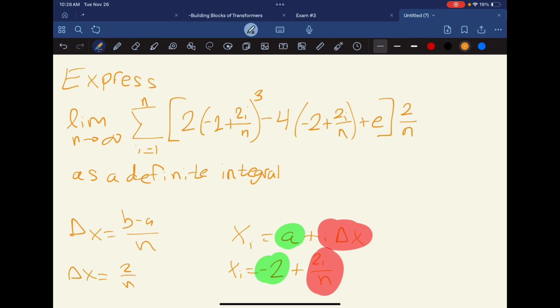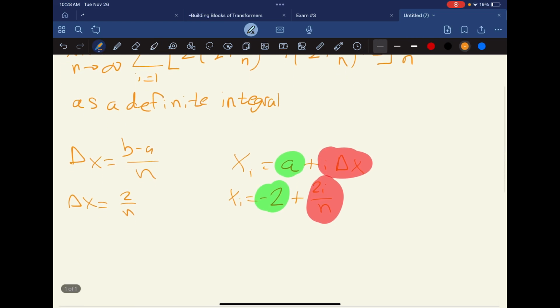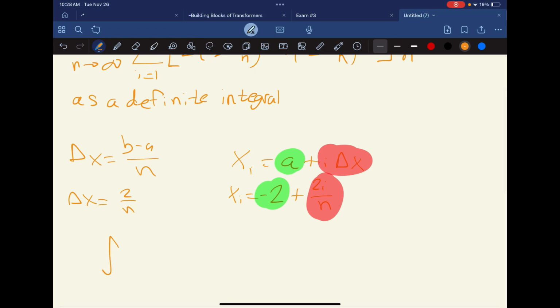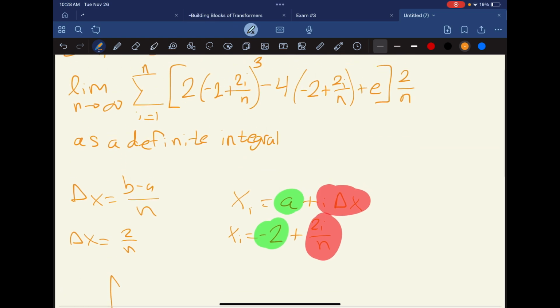And that makes sense, right? Because our delta x is 2 over n. But what this does is it allows us, so we know our a is negative 2, and we know our delta x is 2 over n. So if our delta x is 2 over n, then 2 equals b minus a.